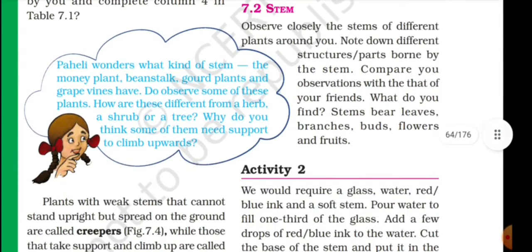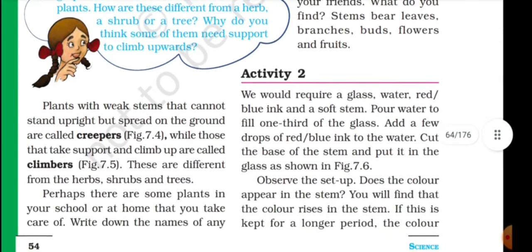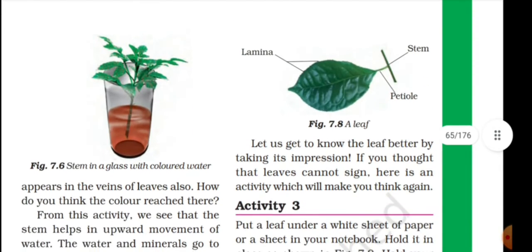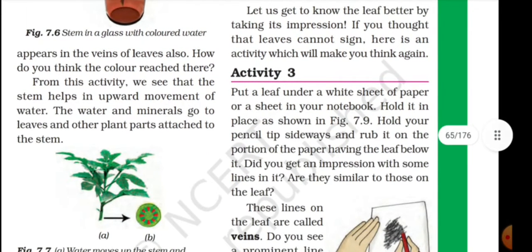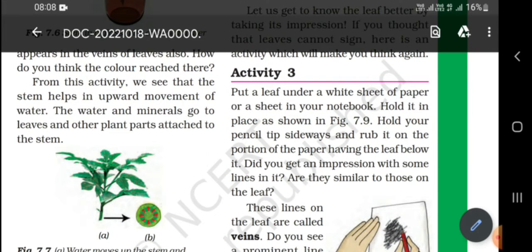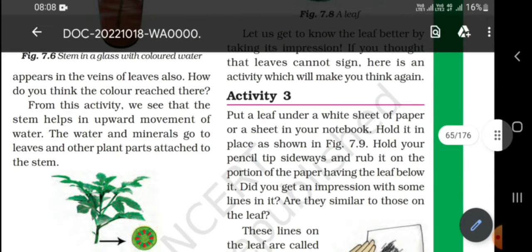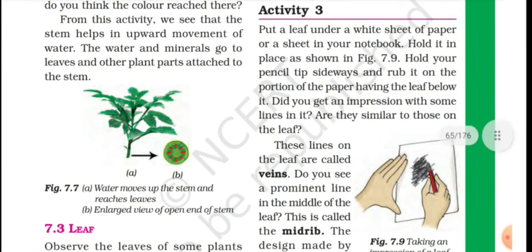So now we'll talk about stem. So agar when you will observe closely the stems of different plant around it, what you will see कि this stem have branches. अब branches में क्या होंगे? Tree होंगे. So we will see in detail कि क्या क्या होता है, how this stem is the connecting link between the roots and the upper canopy or the crown of the tree.